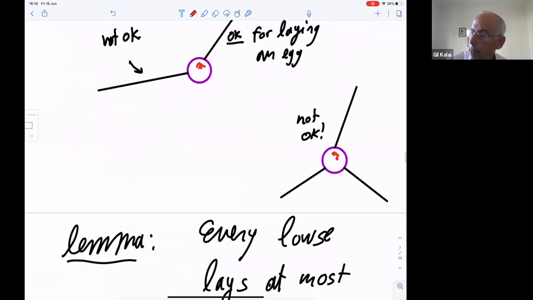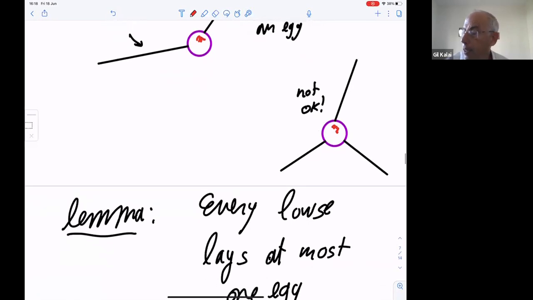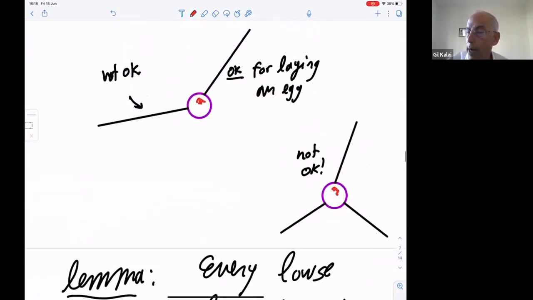Here, if there is a vertex with 3 edges going from it in this way, then the poor louse on this head will not be able to lay even a single egg. And the simple lemma is that every louse lays at most 1 egg.